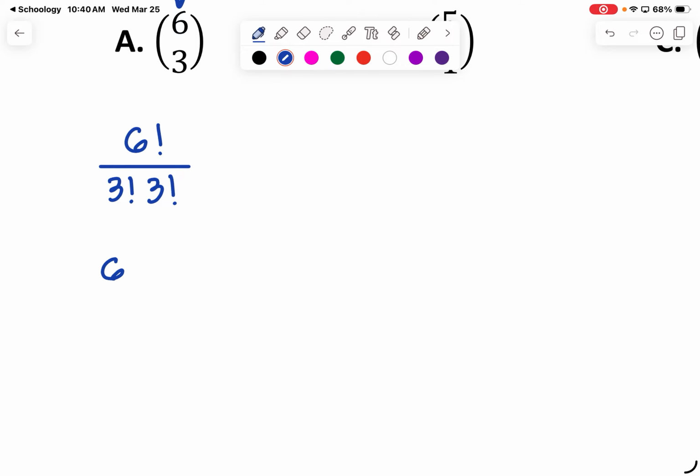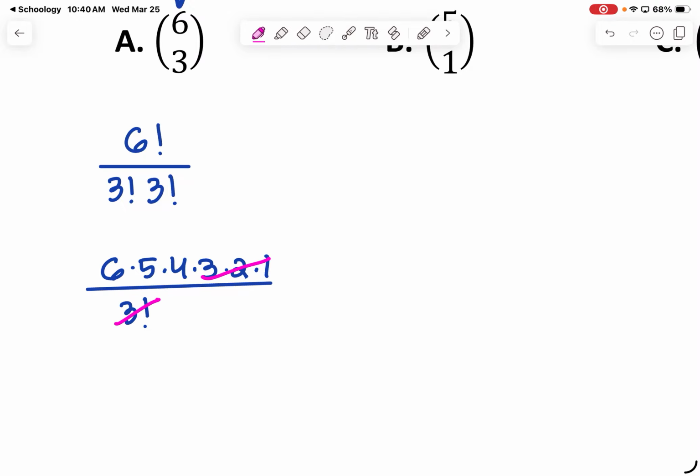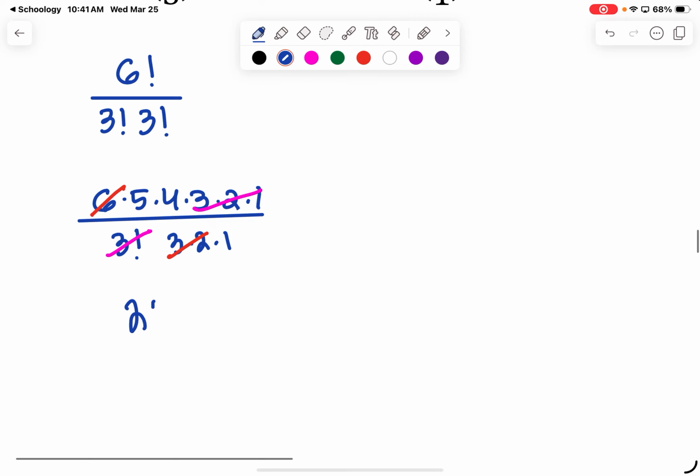Simplifying this, 6 times 5 times 4 times 3 times 2 times 1 over 3 factorial, and then the other 3 factorial is 3 times 2 times 1, which is 6. I'm going to cancel out this 6. That's my mental math here, which is 20. So the coefficient on the 4th term of a 6th degree expansion would be 20.